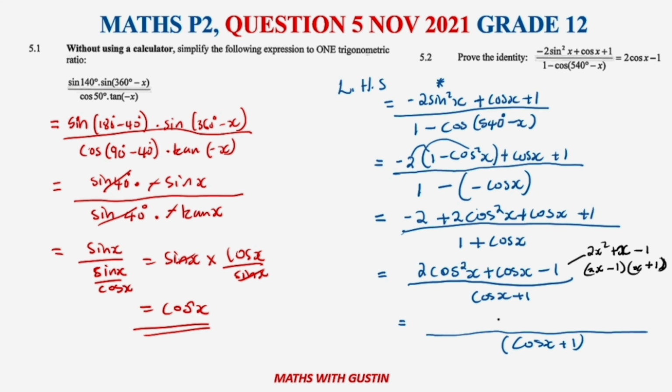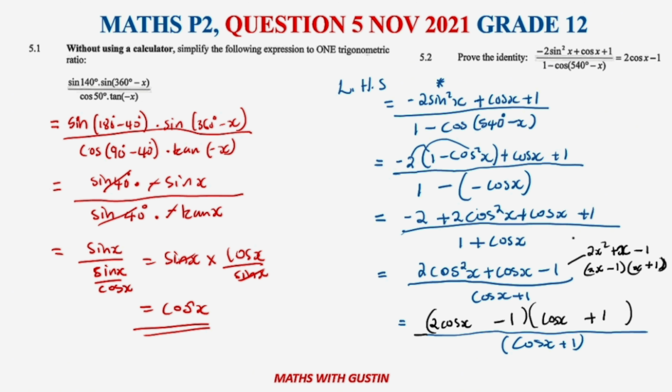Similarly in this fashion, you can say that this will be 2 cos x, and here will be cos x as well. We are going to have plus 1 and minus 1.